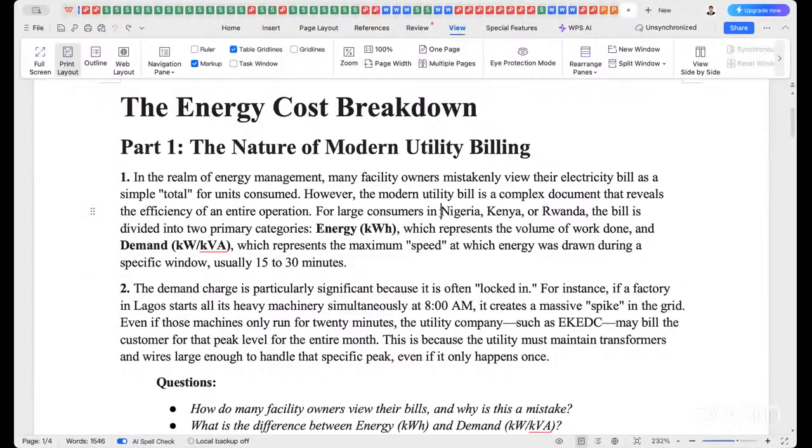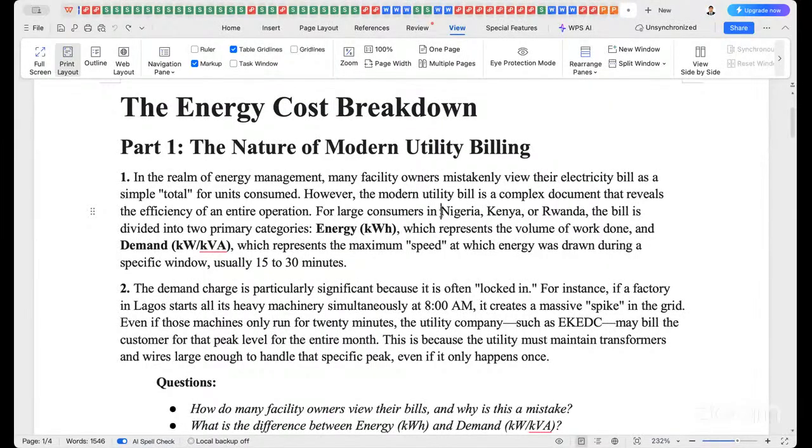So last time we discussed, on week one, our discussion last week was on green and diesel economics.